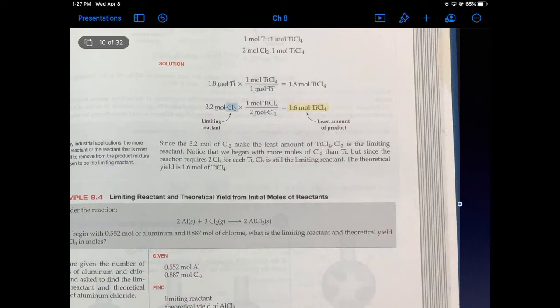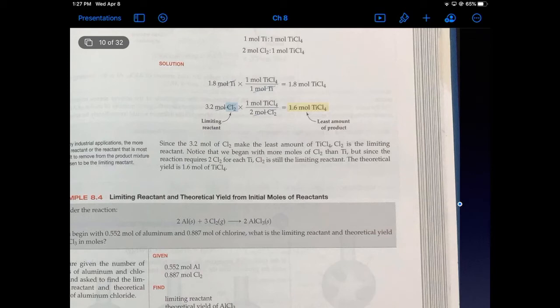At that point, you've done most of the work, because now you have determined what the limiting reactant is. You just simply say chlorine. You don't have to say 3.2 moles of chlorine. It's not a calculation, it's just an identification. And then you know what the theoretical yield is. You calculated it there. It's that 1.6 moles of titanium chloride. That's your theoretical yield.